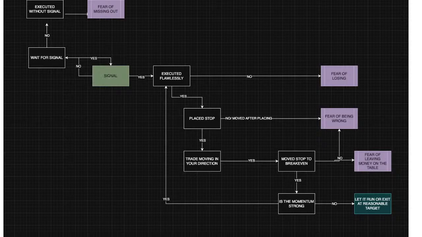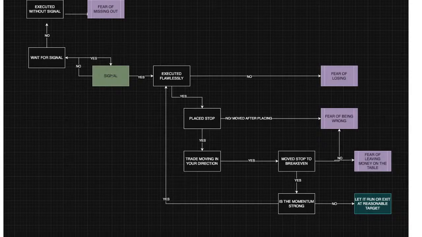If you did not wait for a signal and you executed a trade, that means you had a fear of missing out. That is why you took a trade. And if you waited for the signal, that means you do not have a problem with fear of missing out. You may have some other psychological barrier.